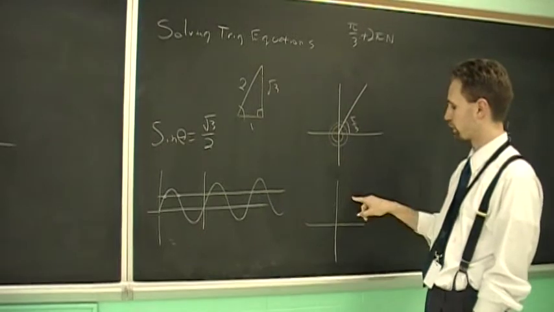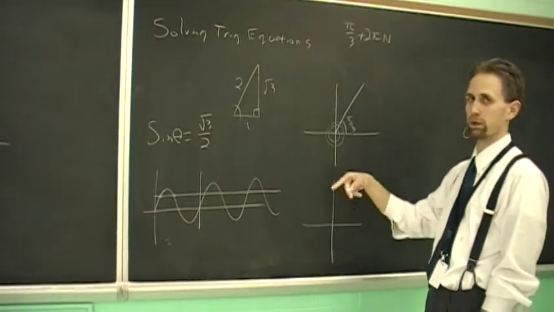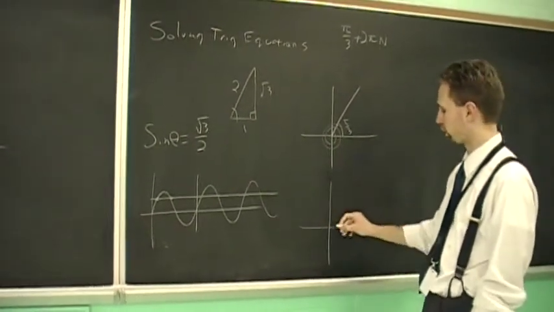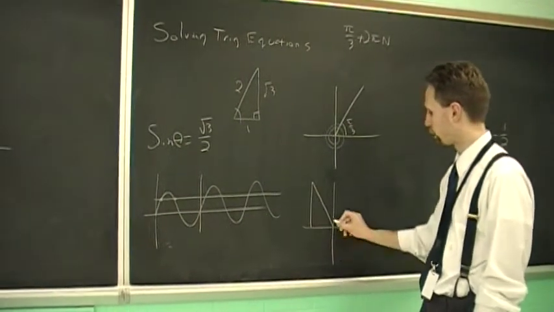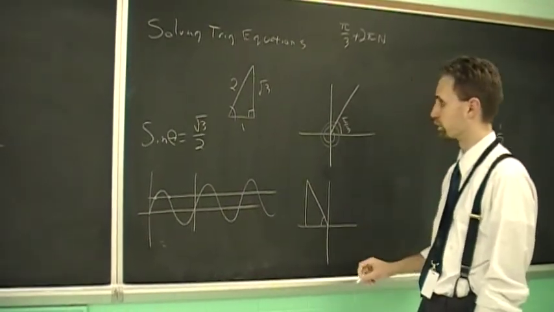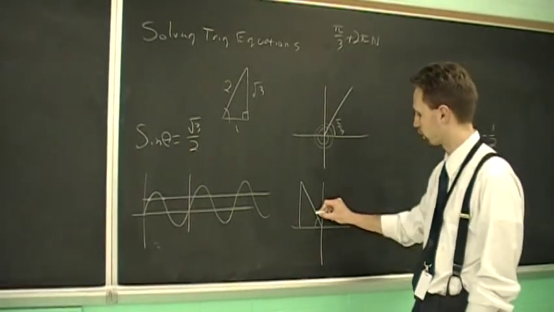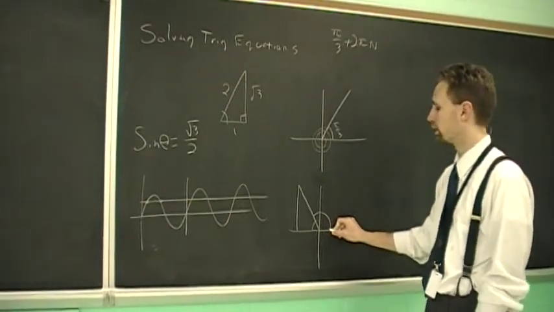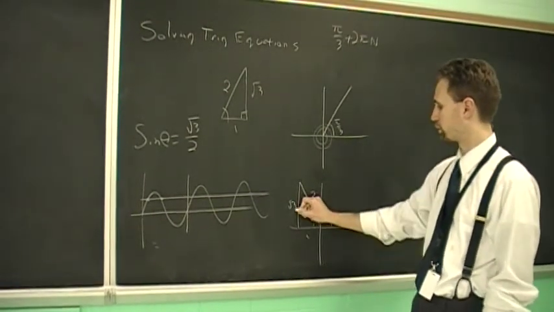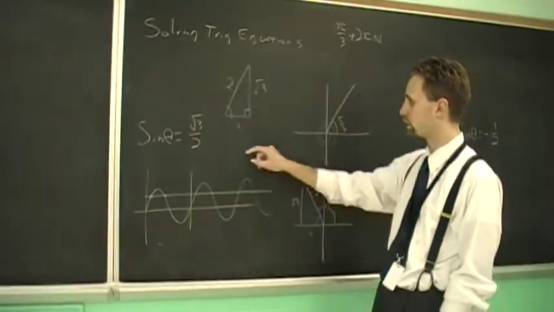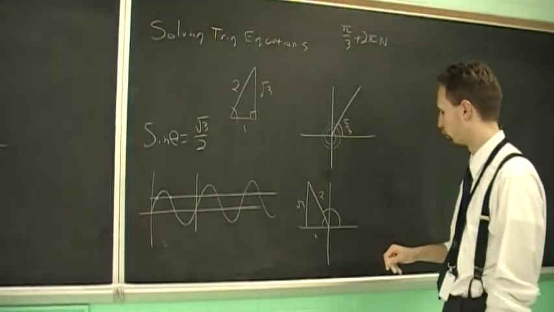Sine is positive in this quadrant and in this quadrant because it's based off the opposite side, the vertical side of the triangle. So it's going to end up in here with a reference angle of 60 degrees, pi over 3. So what is that? Well, that's actually 2 pi over 3, right? 2, 1, radical 3. Opposite to hypotenuse is radical 3 over 2.